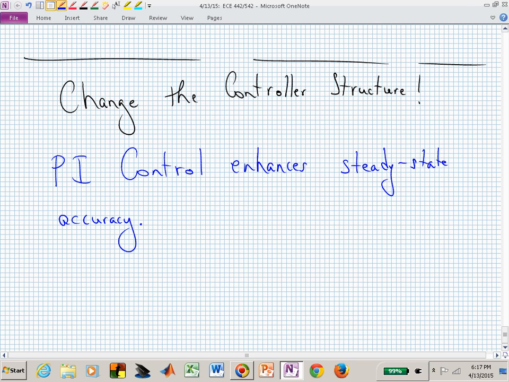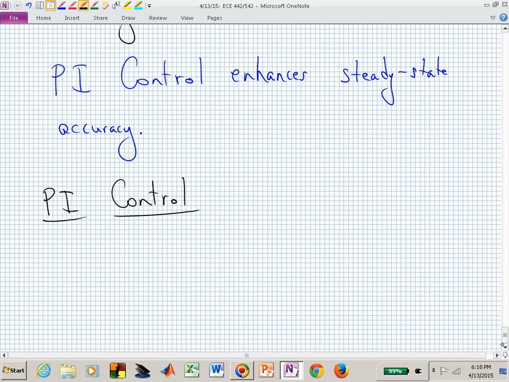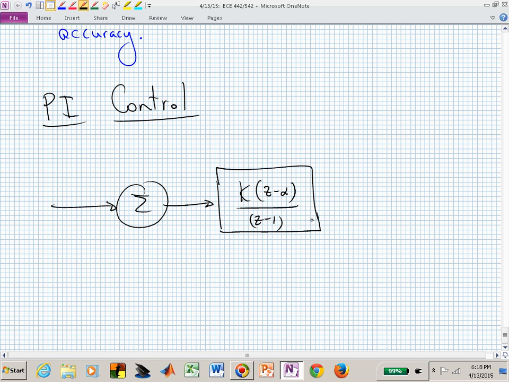Let's now apply this PI controller. If we sketch the block diagram, there is our PI controller structure generically, an adjustable 0 and an adjustable gain.